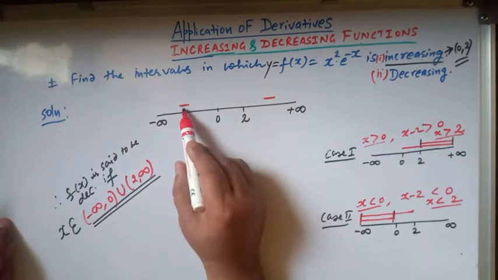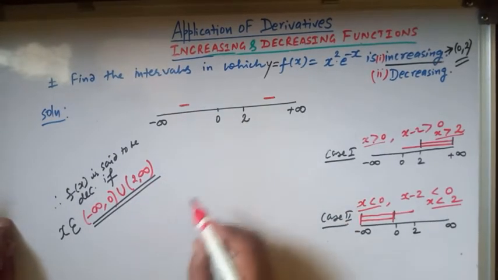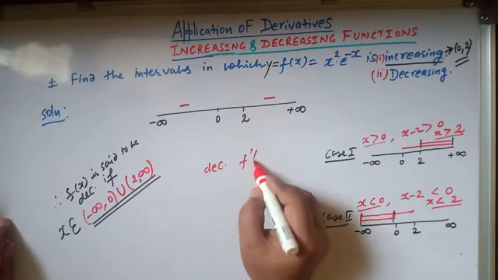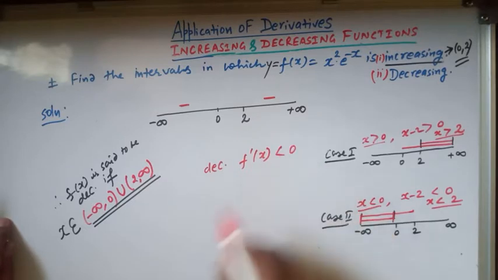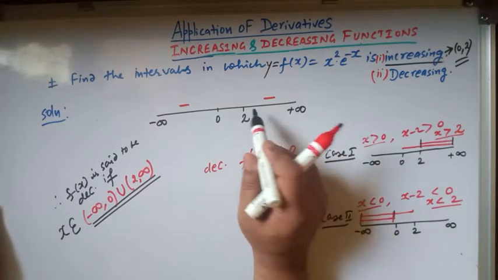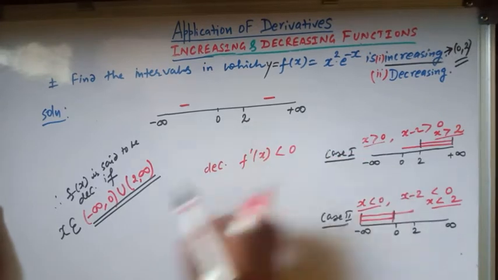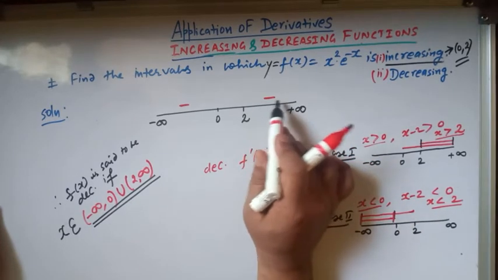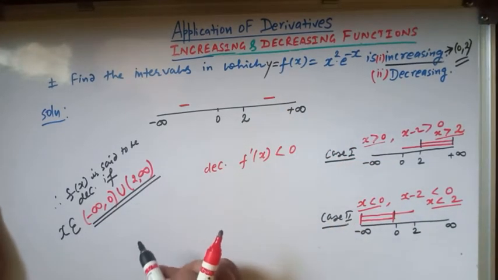So we are denoting it by negative sign. Why? Because for a decreasing function the derivative is less than 0. Okay, so in these two intervals the derivative is less than 0, so we are denoting it by negative sign.